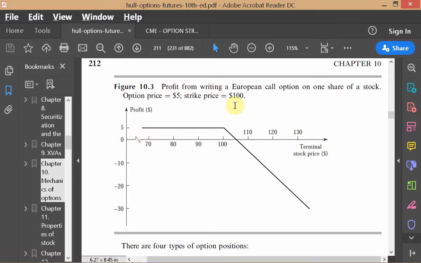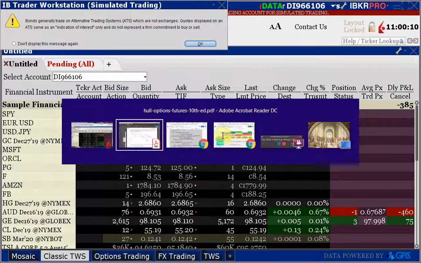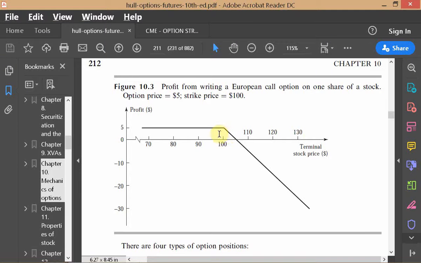When you look at this strike price of 100, my question is, I've not phrased my question properly. My point I'm trying to emphasize here, you can think about this later and work it out for yourself, is that the constant profit is being shown for strikes below 100.